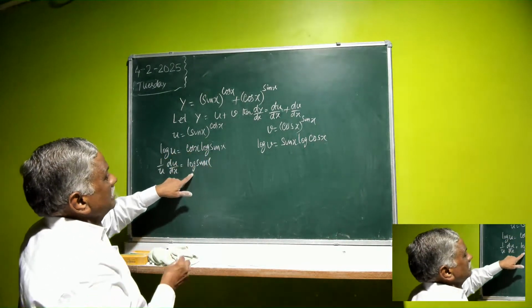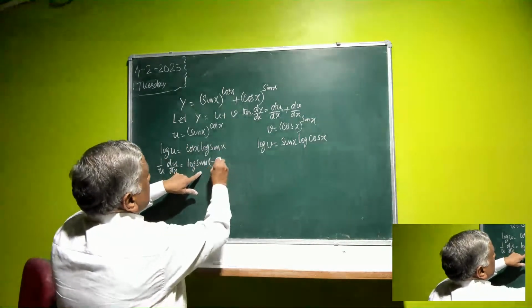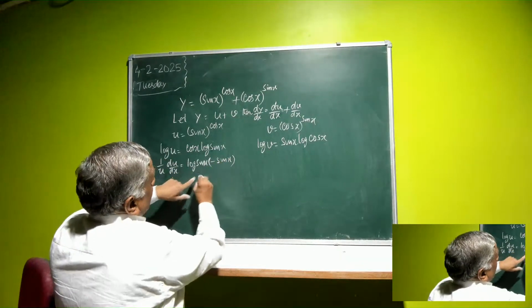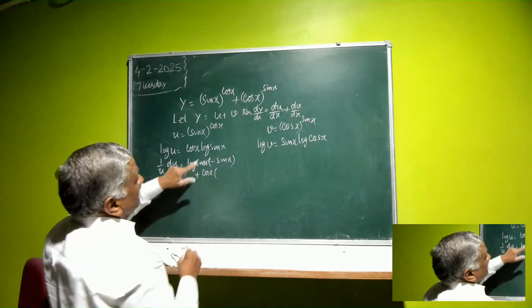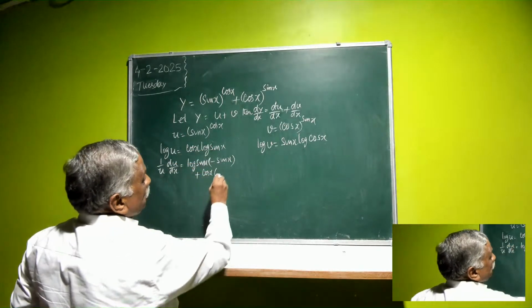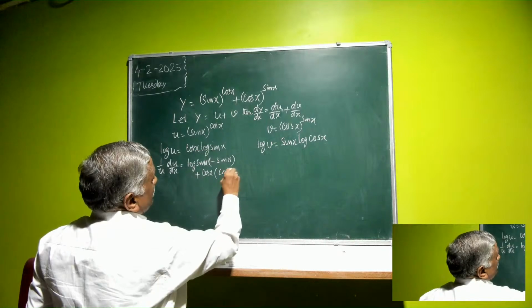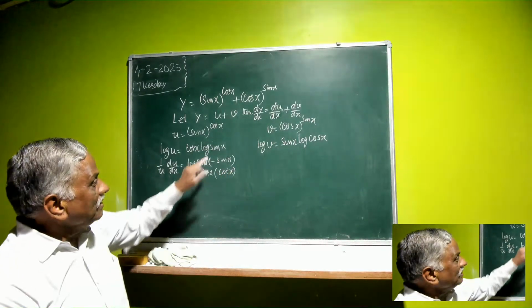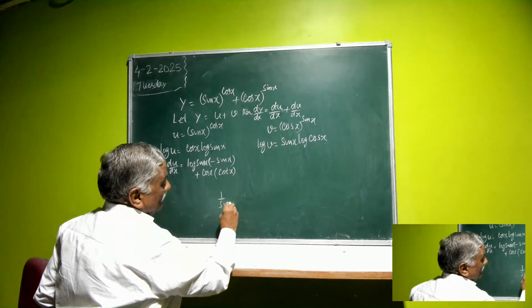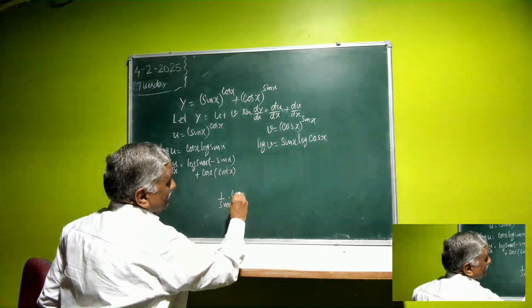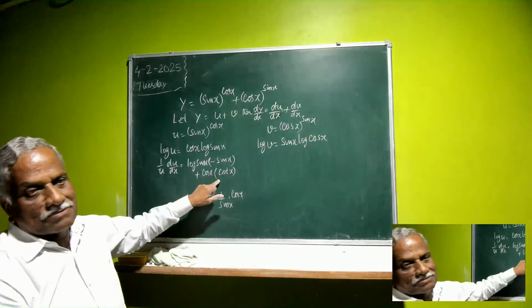Keep log sin x, derivative of cos x is minus sin x, plus keep cos x, and the derivative of log sin x is 1 over sin x into cos x, that is cot x.